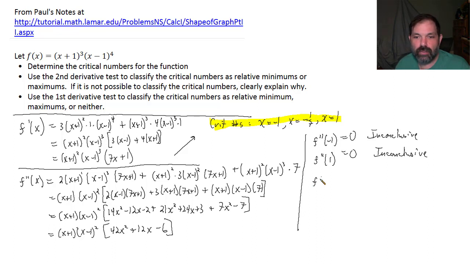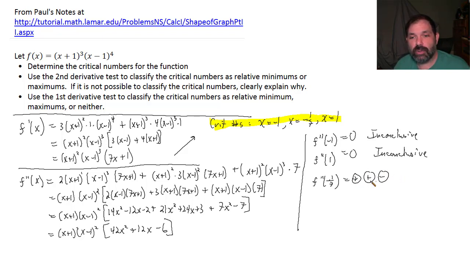Now how about -1/7? F double prime at -1/7. -1/7 plus 1, that would be a positive. Negative 1/7 minus 1 is negative, and a negative number squared is positive. And then 42x squared plus 12x minus 6. I'm just going to use a calculator here. 42 times -1/7 squared plus 12 by -1/7 minus 6 is negative.